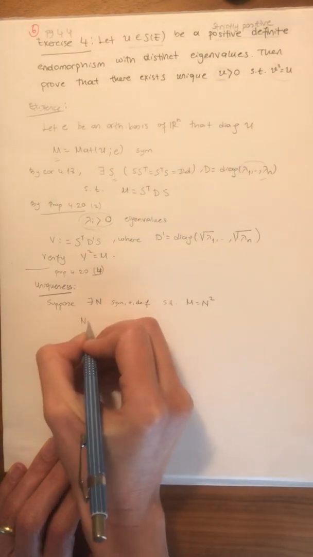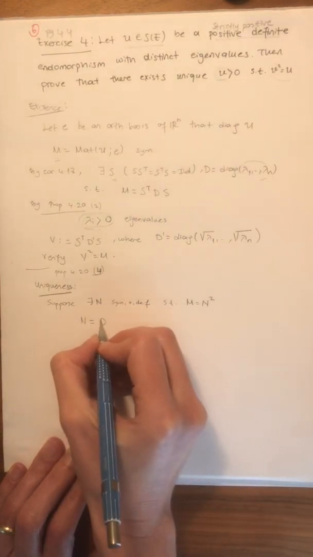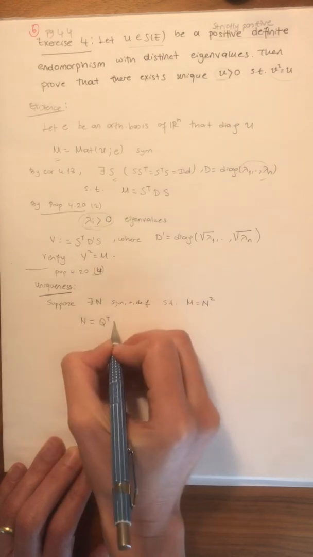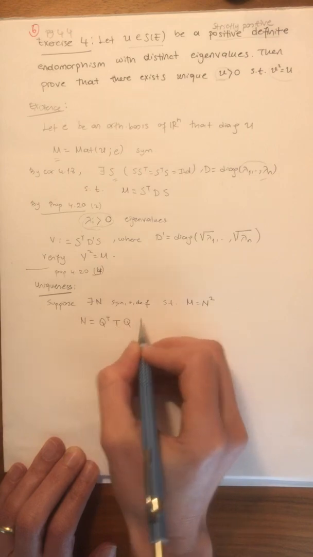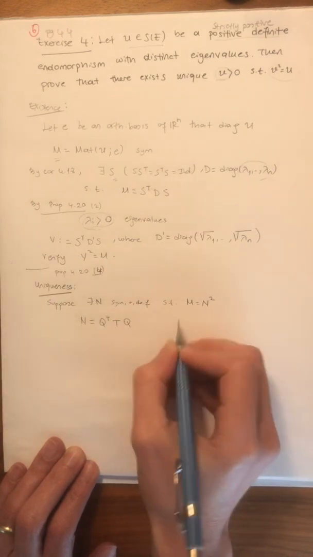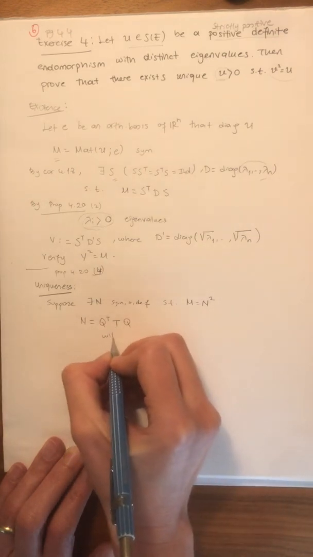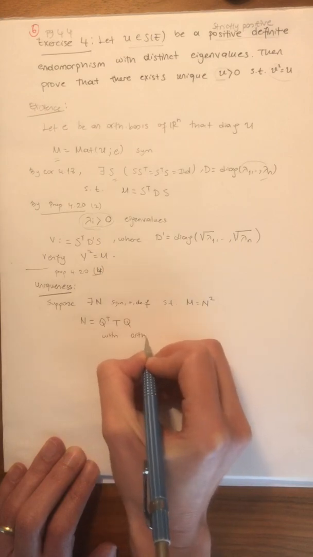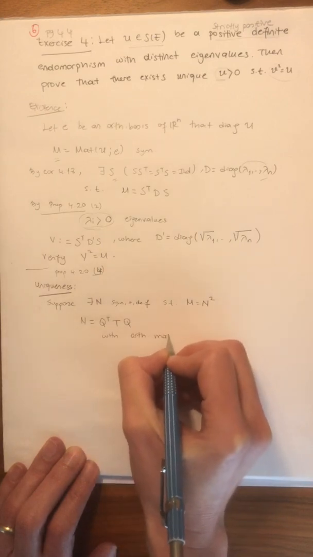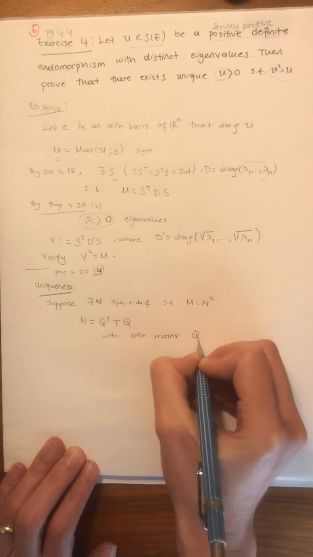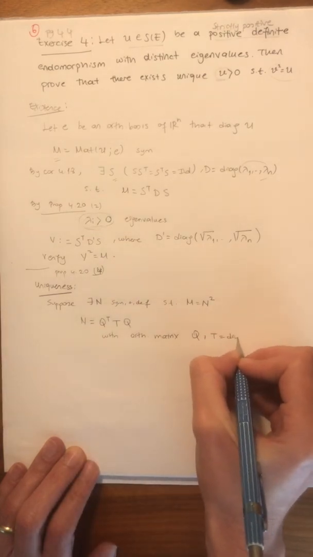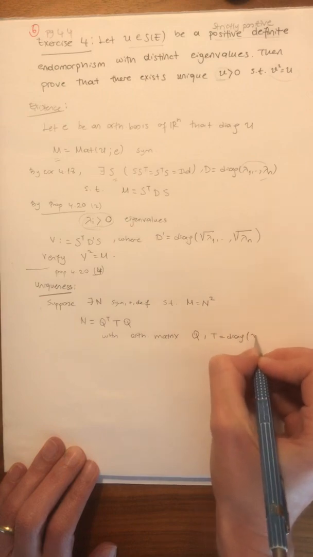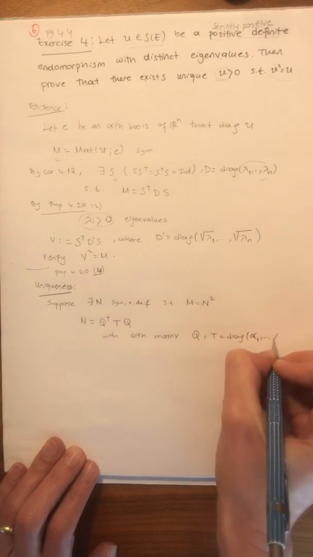And we may consider M as Q transpose times T times Q with an orthogonal matrix Q and the diagonal matrix T with the diagonal entries alpha j.